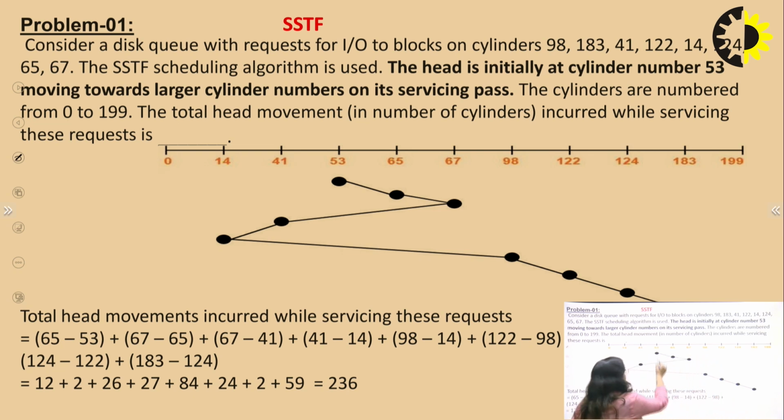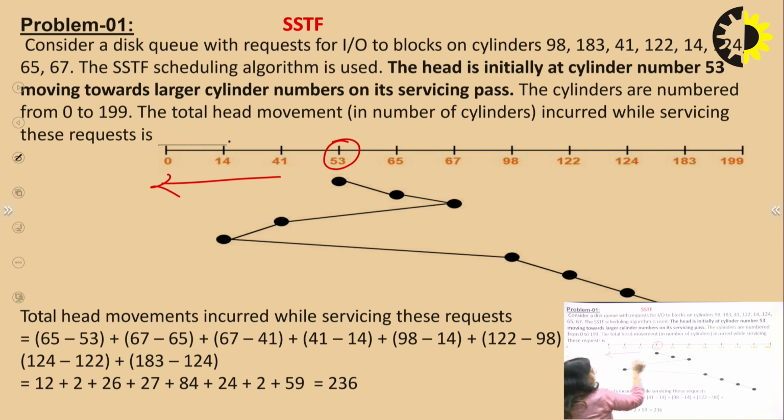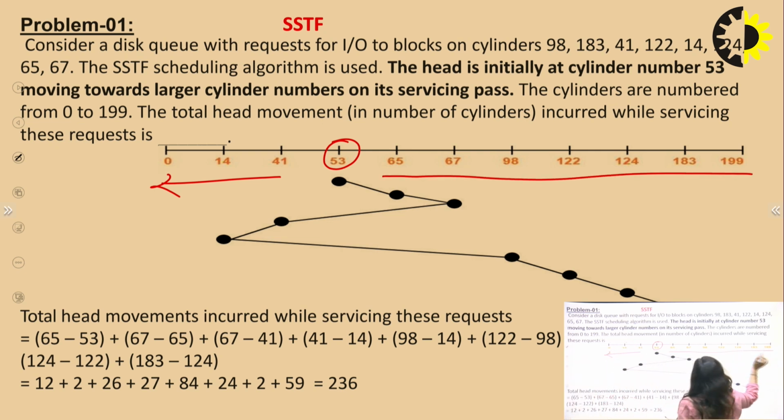So this is your read write head present on this point, and this direction is called the lower cylinders, and this direction is called the larger cylinder numbers, okay.